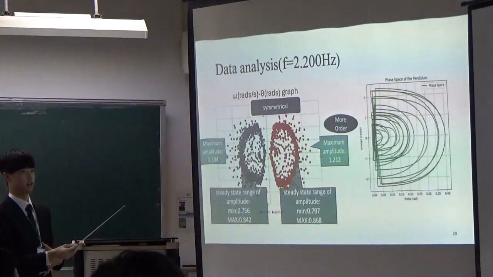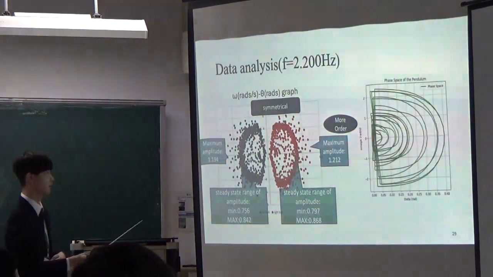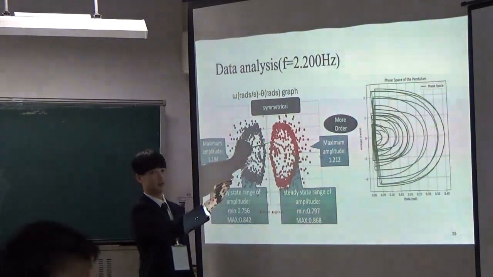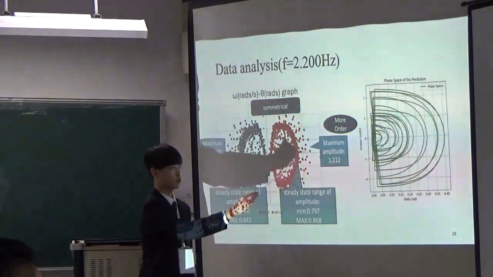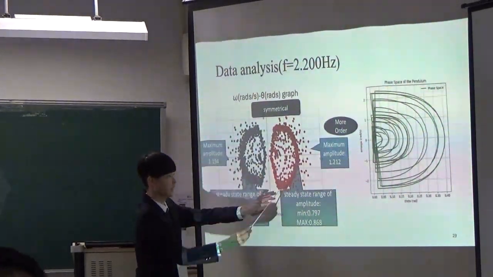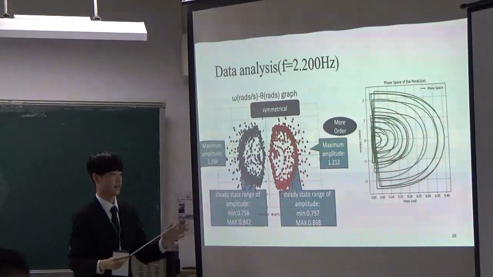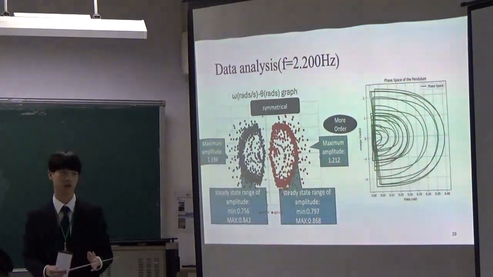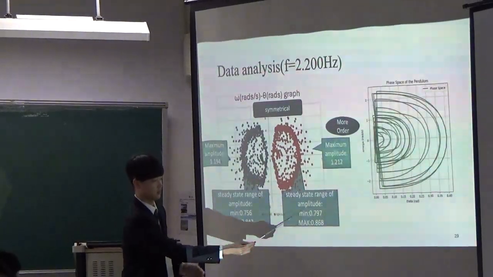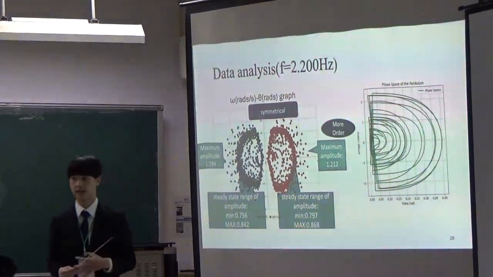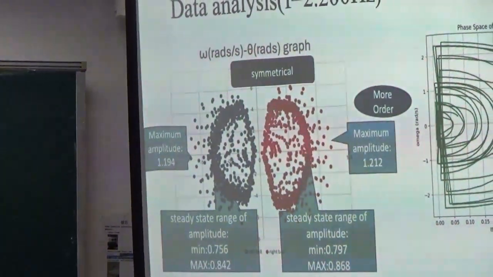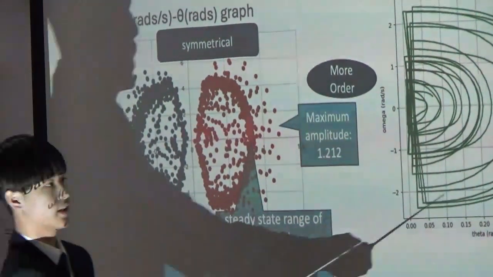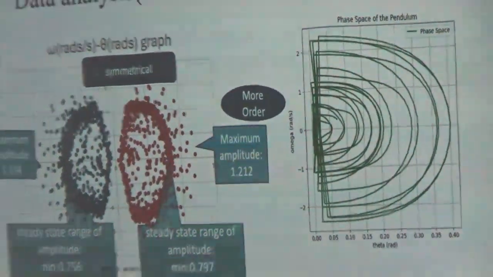And here is the phase diagram. We can see when the amplitude is increasing, it will drop back to the steady state of equilibrium. And the amplitude in this situation is not very large. We can see they are very close to each other. In the numerical solution, we cannot see the steady state of amplitude.